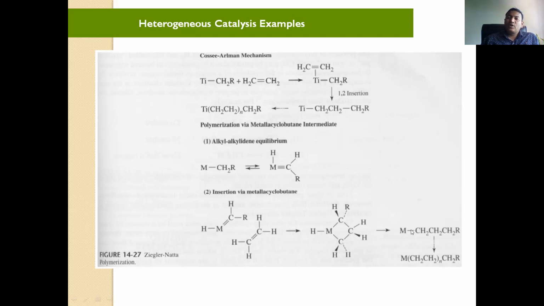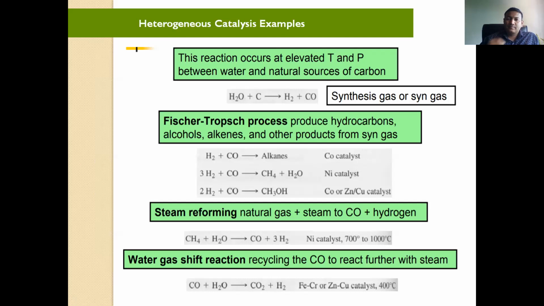So there will be polymerization using this Ziegler-Natta catalyst, and the metallocyclobutane was the intermediate, this one, right? So this Ziegler-Natta catalyst is also one of the best examples of heterogeneous catalysis.